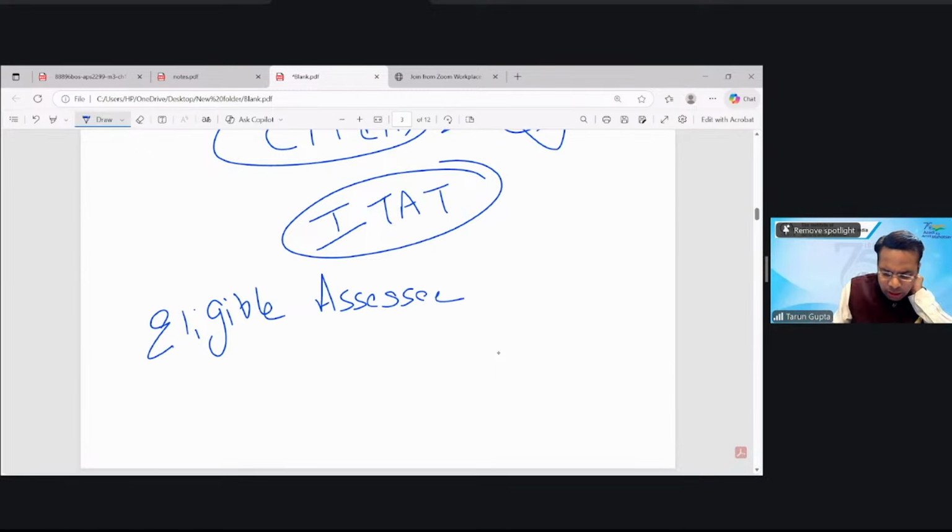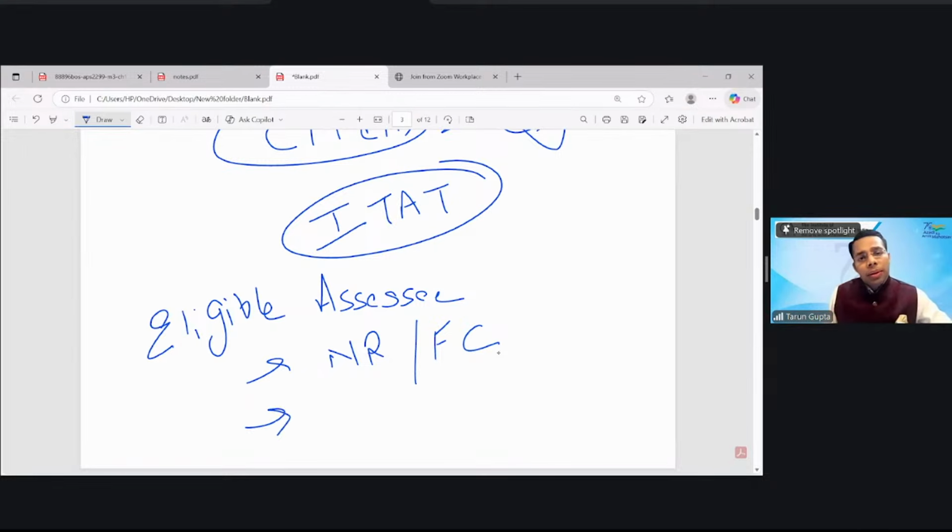The eligible assessee is a non-resident non-corporate, or a foreign company, or any other person in whose case a variation has occurred, the addition being made on account of the order of the TPO. TPO means transfer pricing officer.